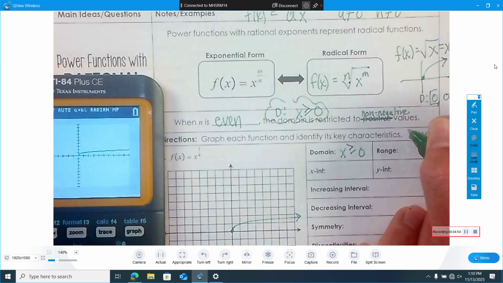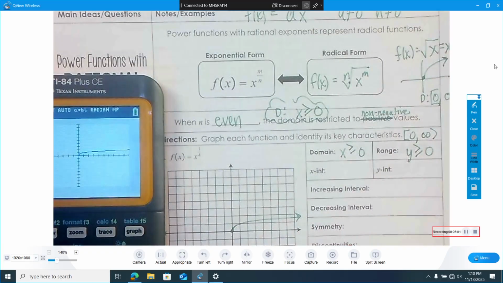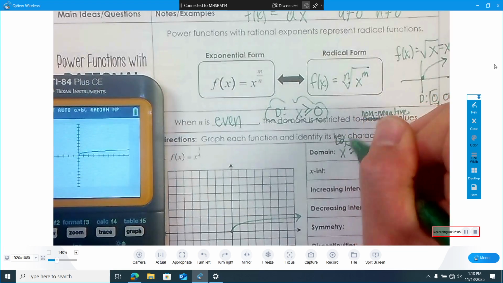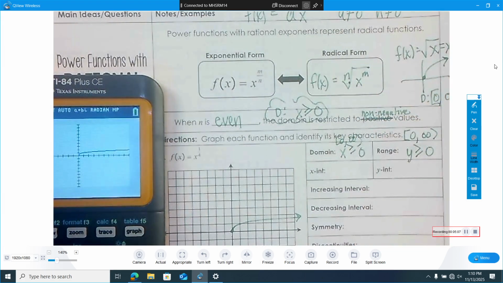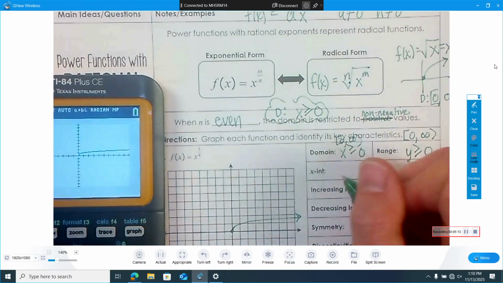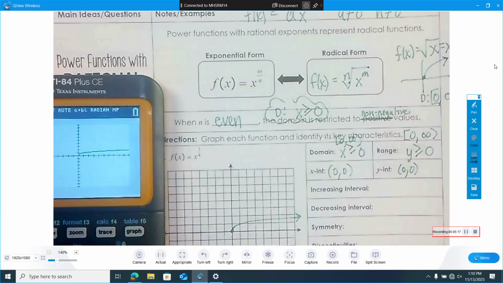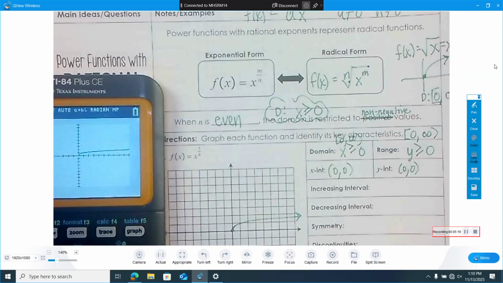I could write 0 to infinity, or y has to be greater than or equal to 0. Either of those will work just fine. The intercept is 0, 0, the origin.